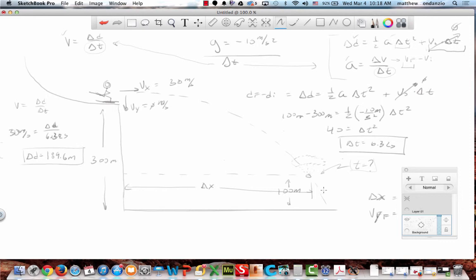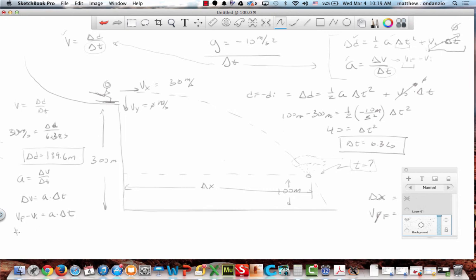Okay. Now the question is, what's the vertical component of his velocity? That's what I want to know. How do I figure that out? Delta v equals a times delta t. So our acceleration is equal to delta v over delta t, right? And delta v is really v final minus v initial, equals a times delta t.